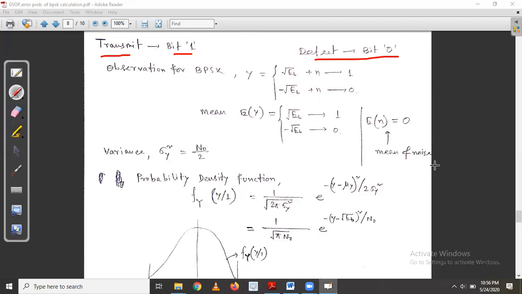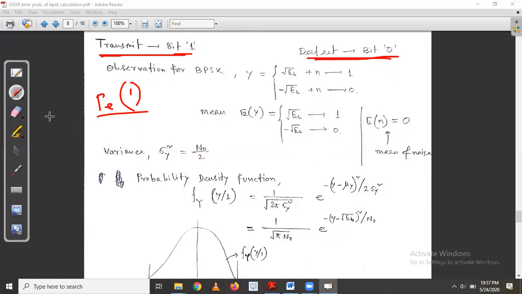Definitely the probability of error will be half of ERFC in the bracket root of Eb by N naught. How? Okay, so transmit bit is 1, detected bit is 0. That is what we have to calculate. We have to calculate Pe in the bracket 1, probability of error for the actual bit 1 which is transmitted.